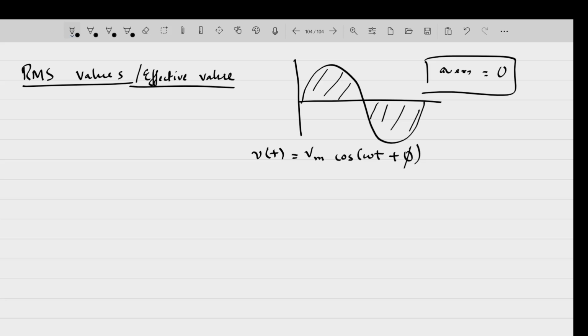In RMS, we first square this function. By squaring, the negative half cycle also becomes positive. Then we take its mean and then we take its root so that the square is also compensated for.